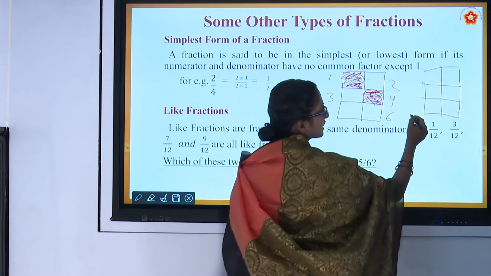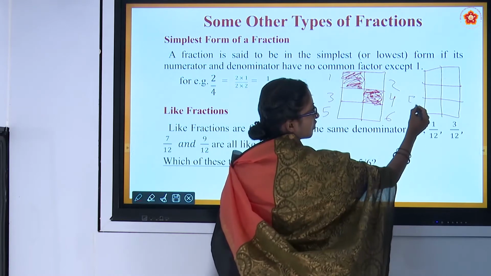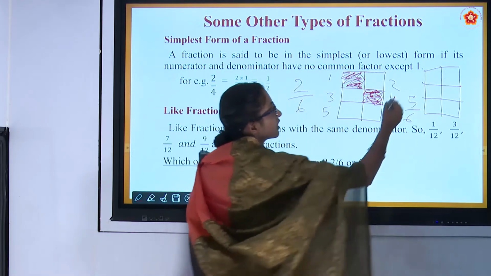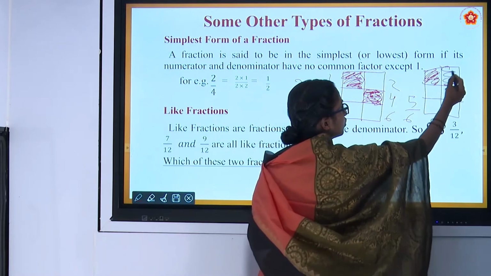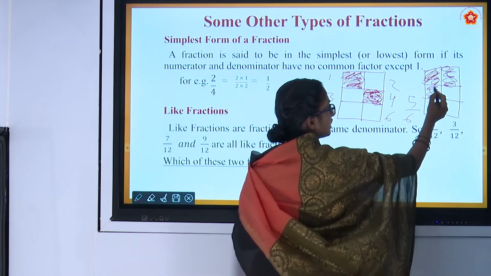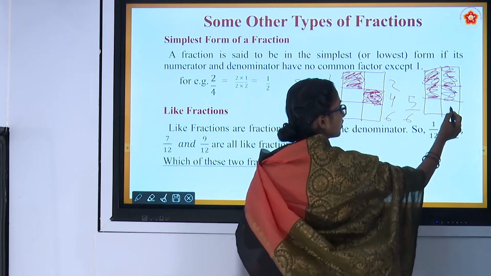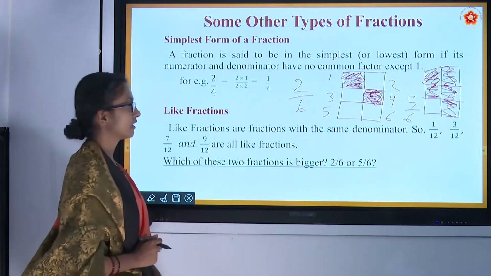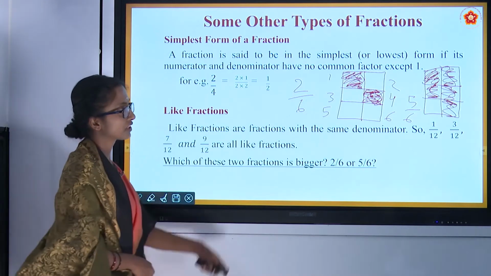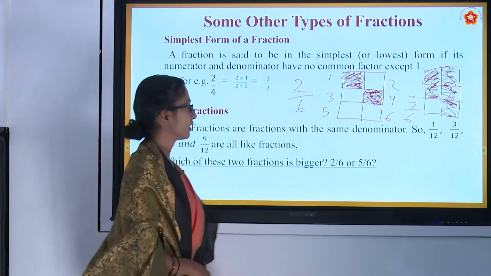For 5 by 6, let's shade 1, 2, 3, 4, 5. So 5 parts are shaded. Which one is bigger?